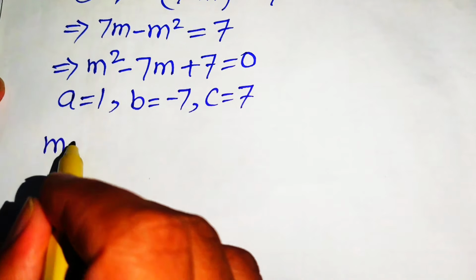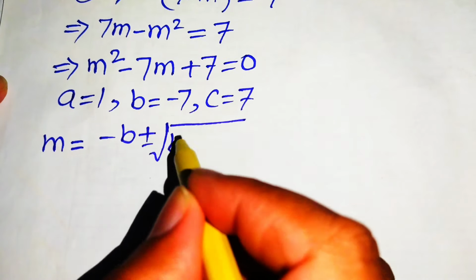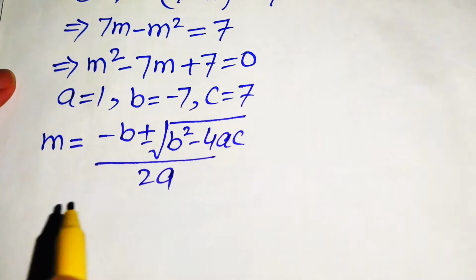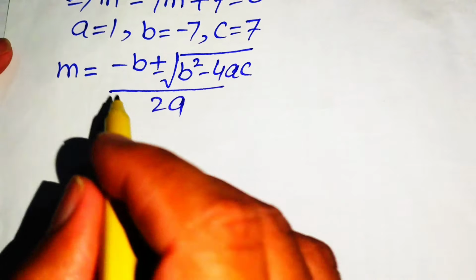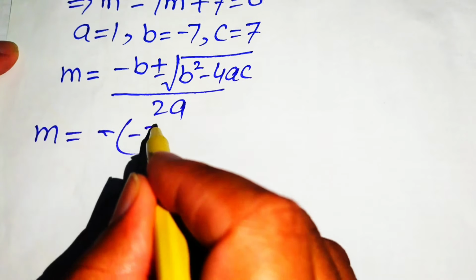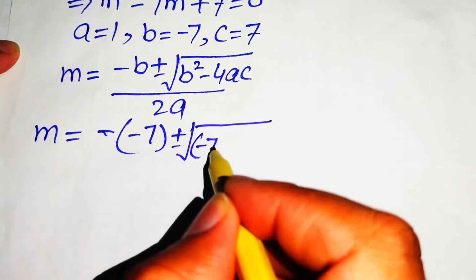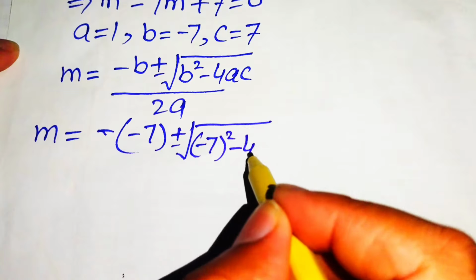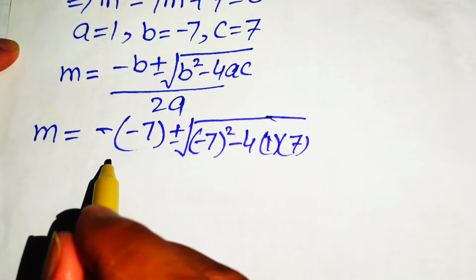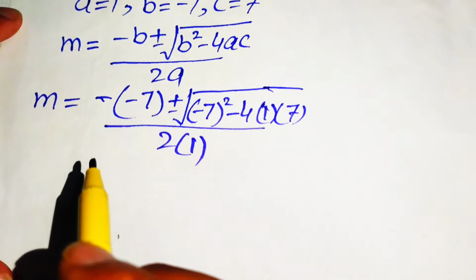The quadratic formula is m equals minus b plus minus square root of b square minus 4ac, divided by 2a. Substituting the values, m equals minus of minus 7 plus minus square root of minus 7 square minus 4 times 1 times 7, all divided by 2 times 1.